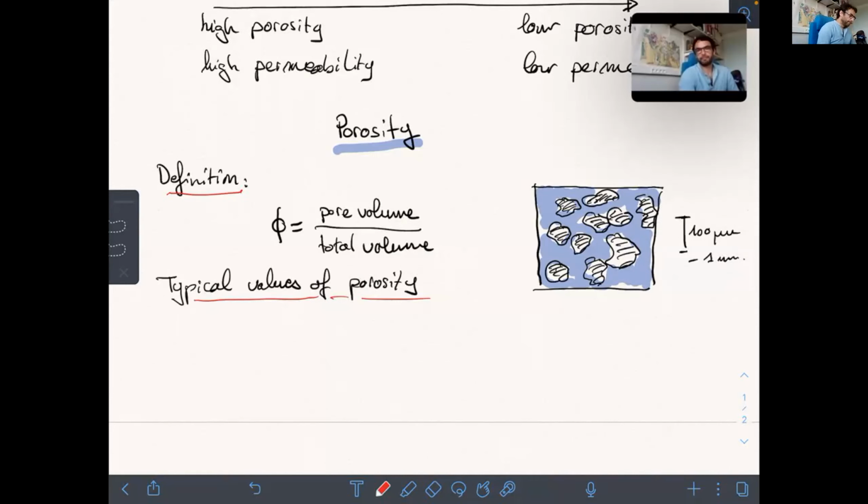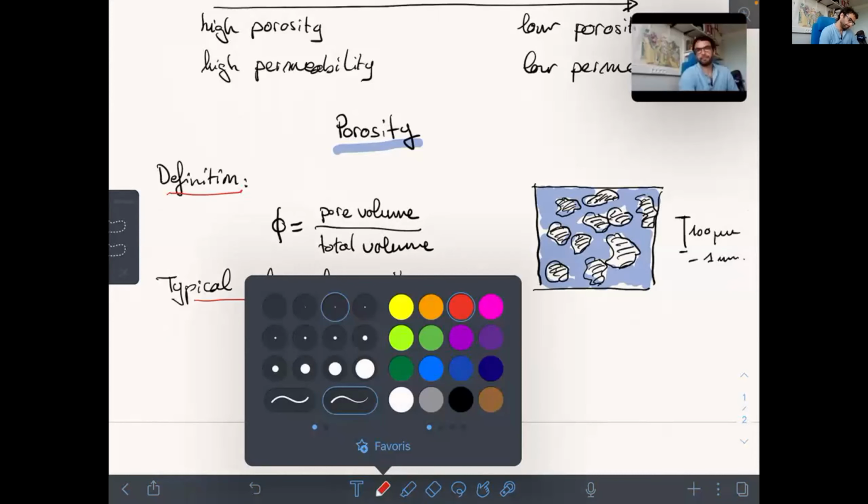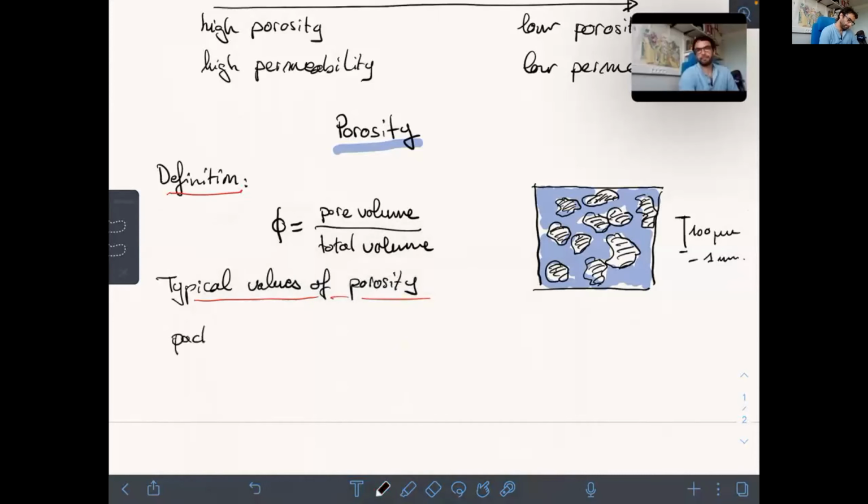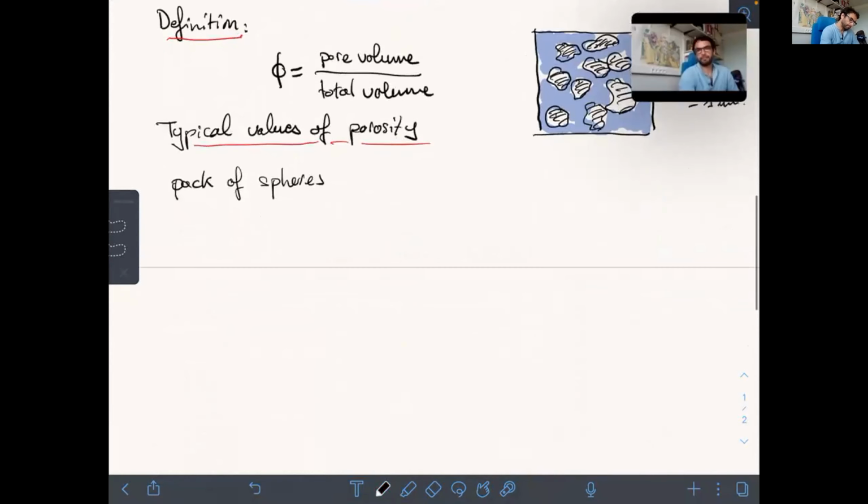So if we take a pack of spheres, perfect spheres, the porosity has been calculated. So if you take a pack of spheres, okay, you just take a given volume, and you put some spheres in it.